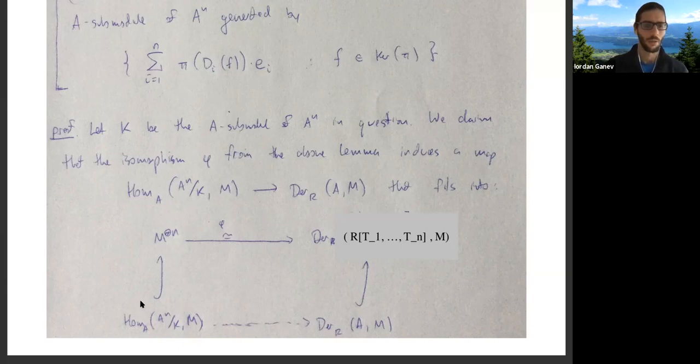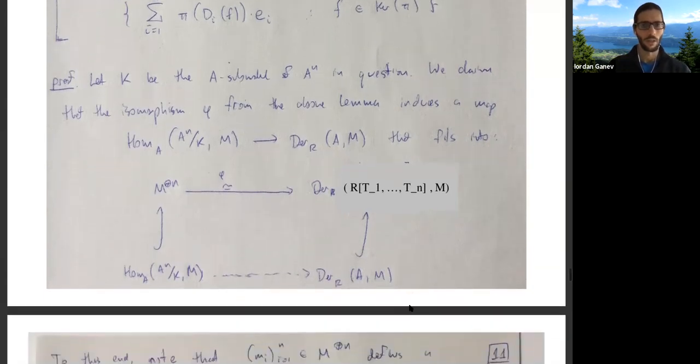So there's an inclusion here, and there's also an inclusion here. That's because of this fact that I stated at the beginning, that if we have a surjective algebra homomorphism, then we have this inclusion of derivations. Okay, so we want to see that there's an induced map here.